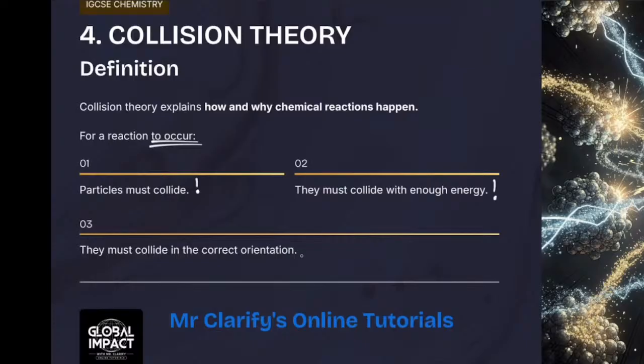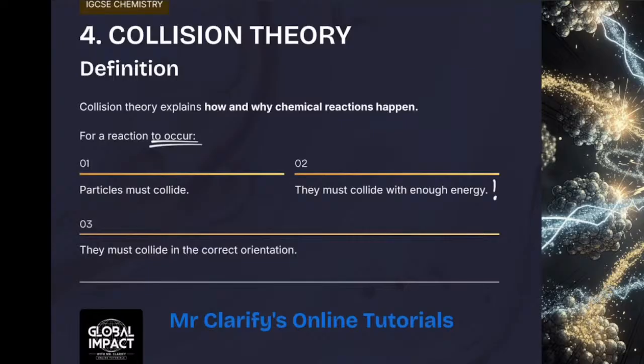And number 3, particles must collide with the correct orientation. In other words, they must fit into each other. If they come in the wrong orientation, then they won't fit into each other and there will be no reaction. So particles must collide. They must collide with enough energy and in the correct orientation, which means they must be facing each other nicely. These are 3 things that the collision theory says. You cannot forget them. Okay, these are so easy.